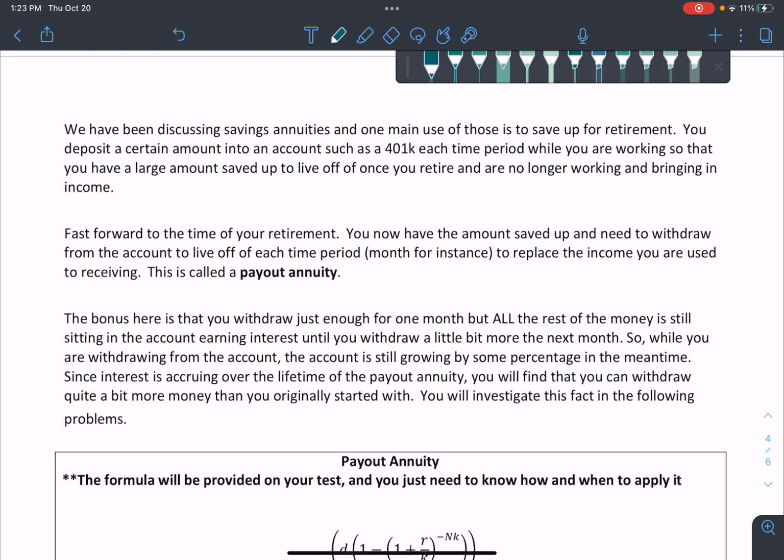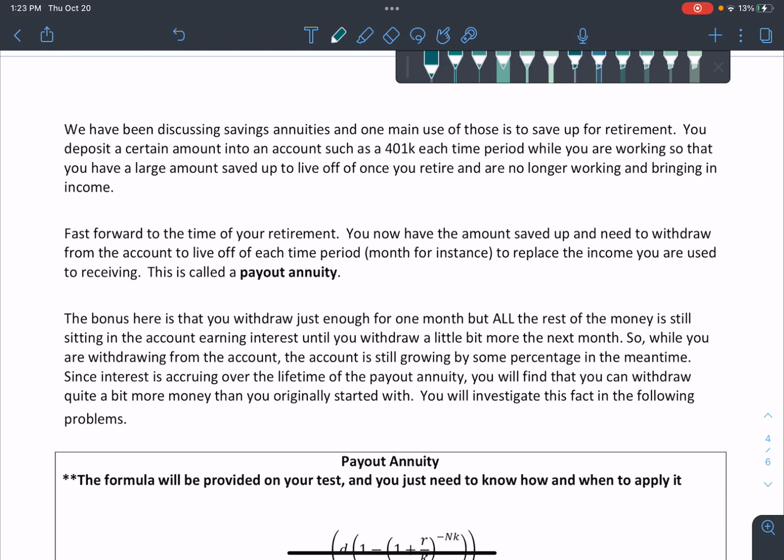So do you need all the money you need for the rest of your life on the day that you retire? No, you will continue to earn interest for the rest of your life while that retirement money is sitting in there. At some point it's obviously still going to deplete, but you will earn more during retirement than what was in there when you retired.